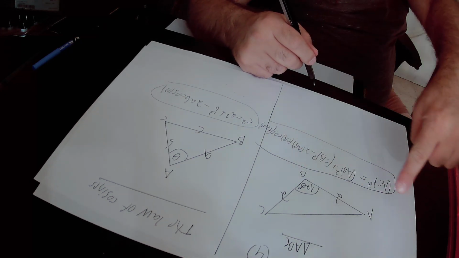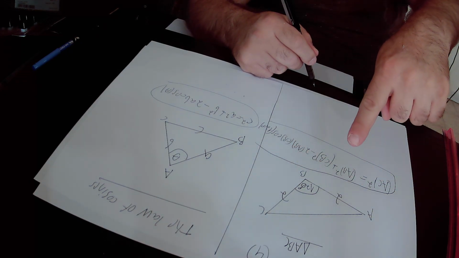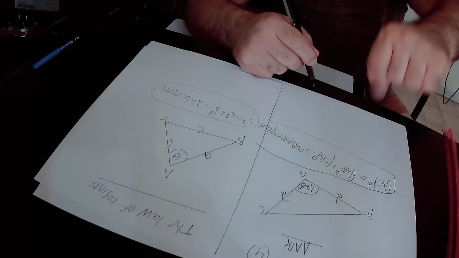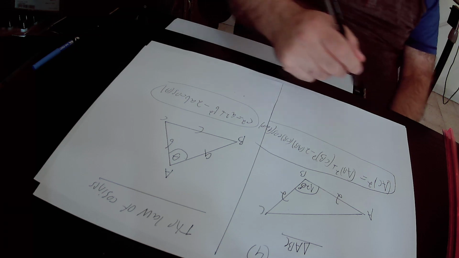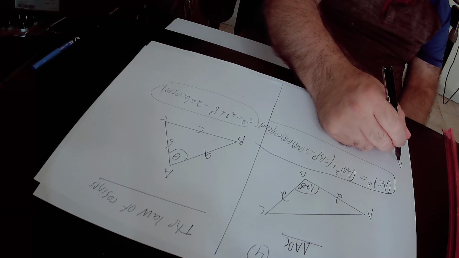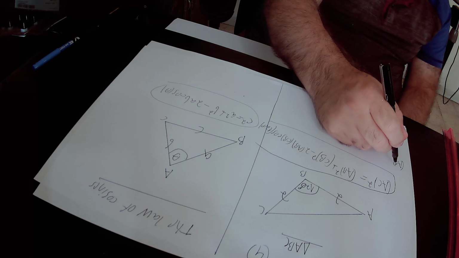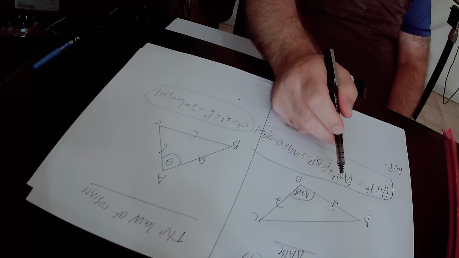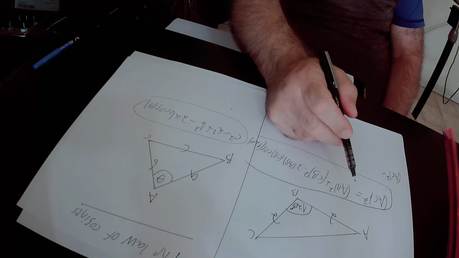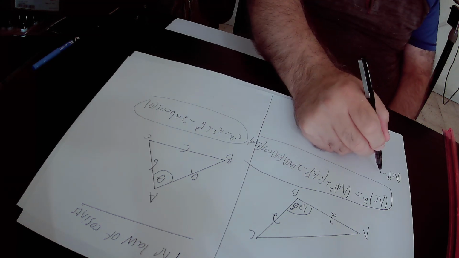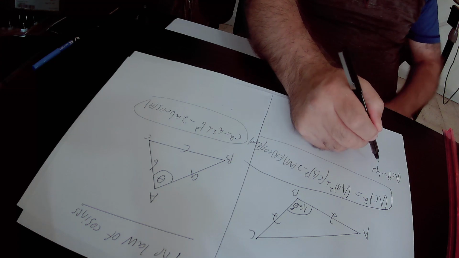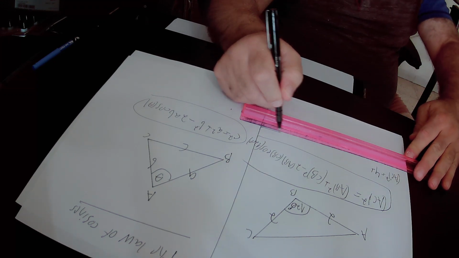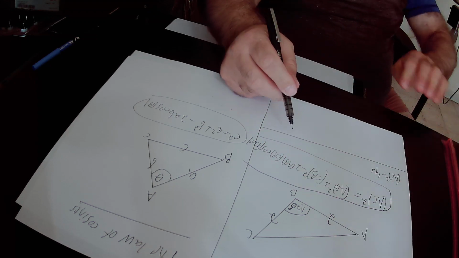AC square equals AB square plus BC square minus 2 times AB times BC times cosine 120 degrees. So AC square equals AB square. AB equals 2 units, therefore AB square is 2 squared, that is 4, plus CB square.